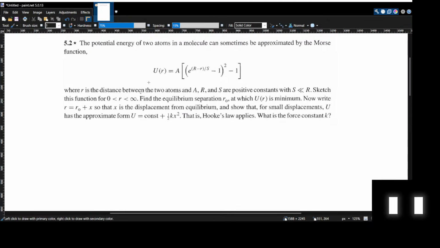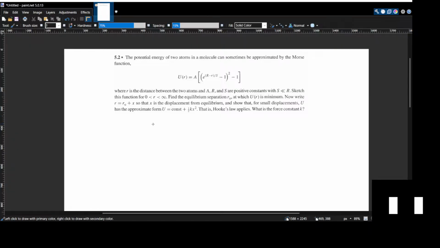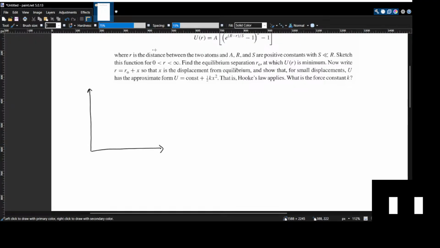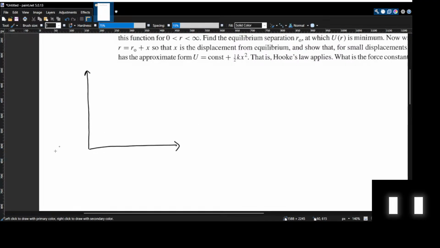Let's sketch out this function first. In fact, I drew this function as a thumbnail for this live stream. So let's first sketch out the function for R. And the function actually looks something like what you saw on the thumbnail of the stream.